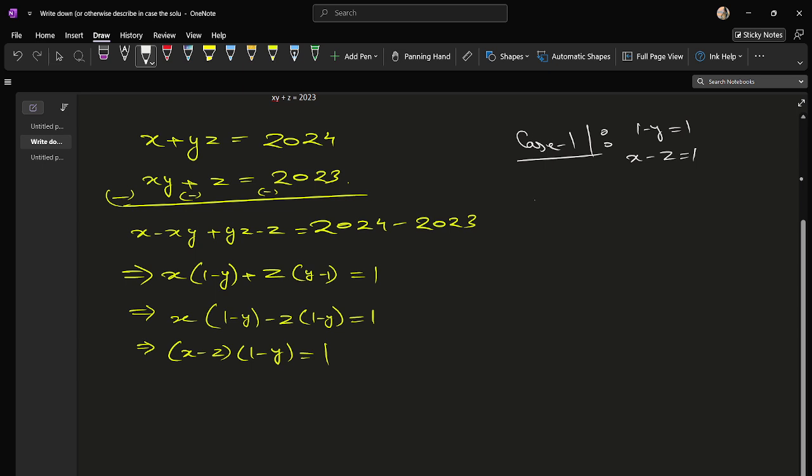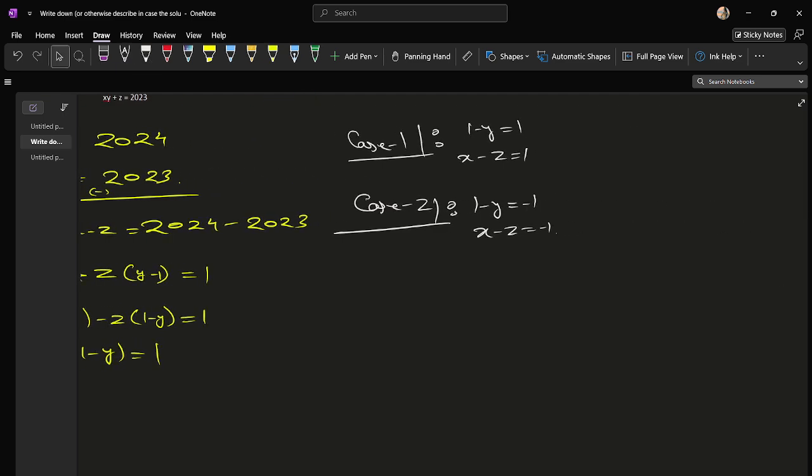Another case will be where 1 minus y is equal to minus 1 and x minus z will be minus 1. From the first case, what can we conclude? Our y will be 1 minus 1, that is 0, and x equals z plus 1.